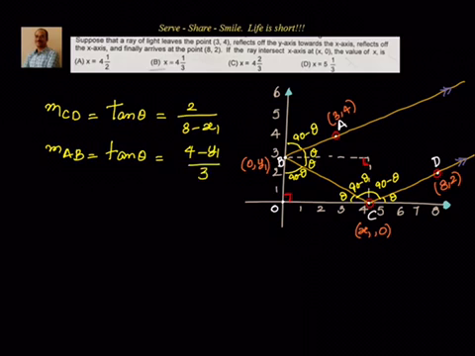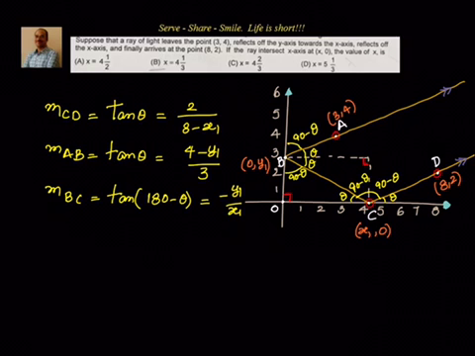Now let's try to find out the slope of BC. Slope of BC equals tan of the angle made with the positive direction of the x-axis in the anti-clockwise direction, which is 180 minus theta. Tan of 180 minus theta equals minus y1 divided by x1. Now let's equate all these values.